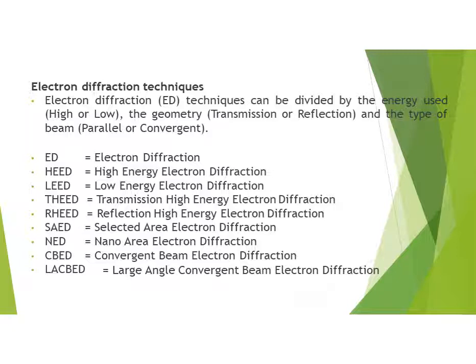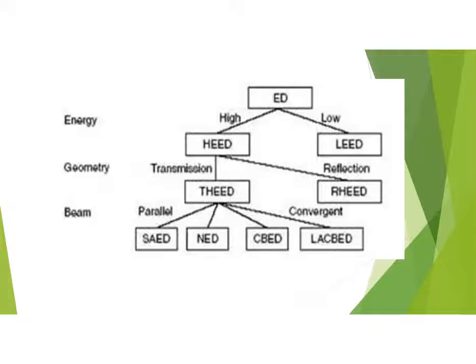Here are high energy electron diffraction, low energy electron diffraction, transmission high energy electron diffraction, reflection high energy electron diffraction, selected area, nano area, and convergent beam electron diffraction, and large angle convergent beam electron diffraction. In this diagram, the electron diffraction techniques are classified on the different bases.